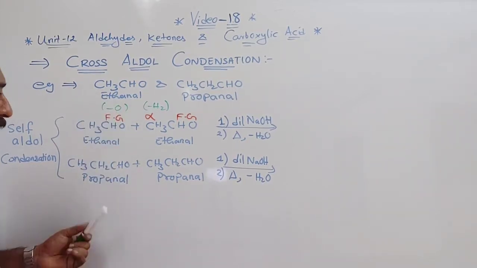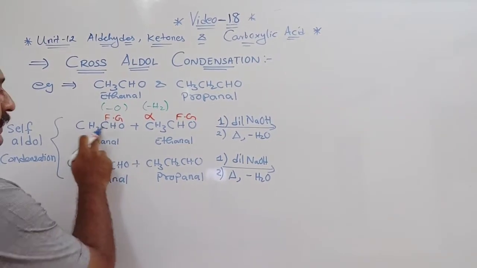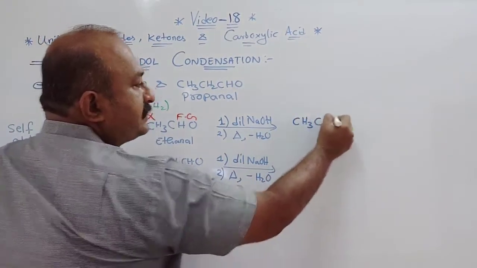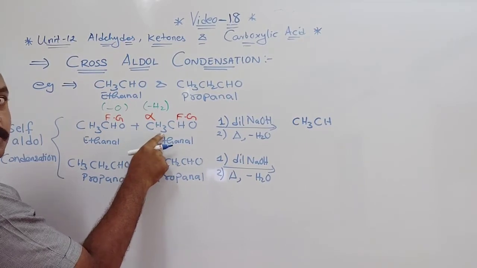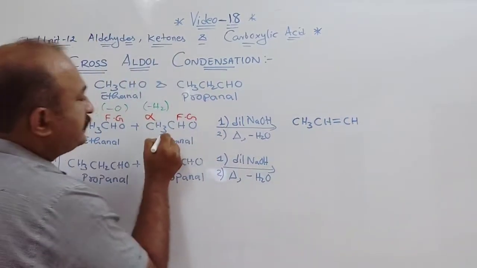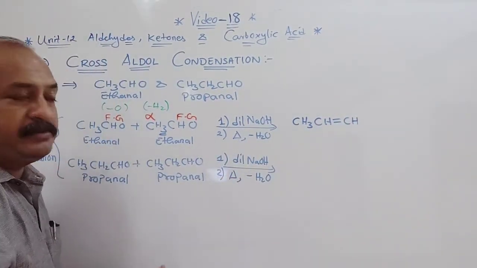Now, when I remove oxygen from here, what will be the product? I will write CH3CH. This oxygen is removed, and from alpha you remove two hydrogens, so it becomes a double bond, CH. Earlier it was CH3, two hydrogens removed, so it became CH.